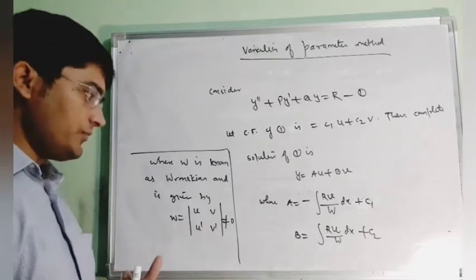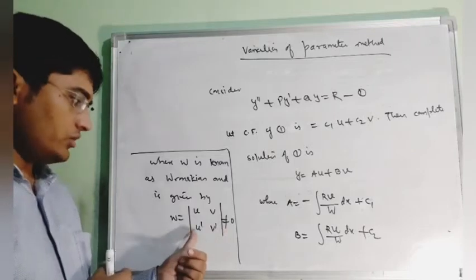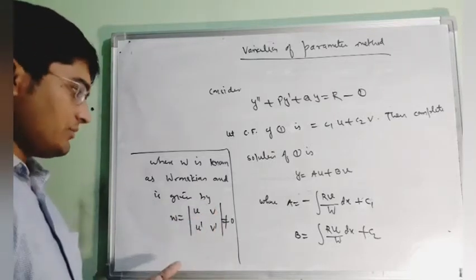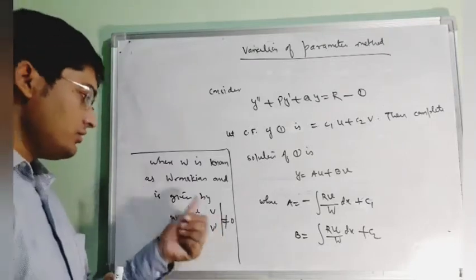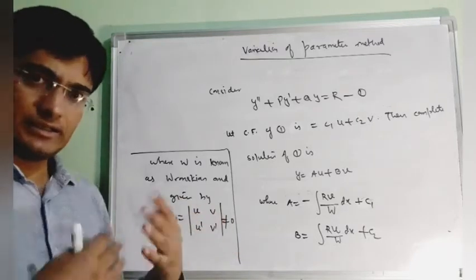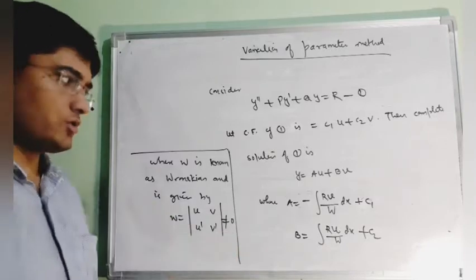Now it is 0 only when your v is a multiple of u. So for independent solutions, this Wronskian should not be equal to 0. If the solutions are dependent on each other, then this will become 0 and we will have only one solution.